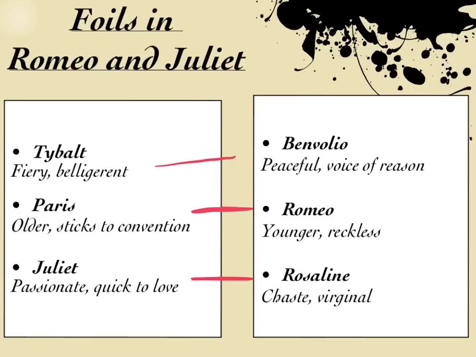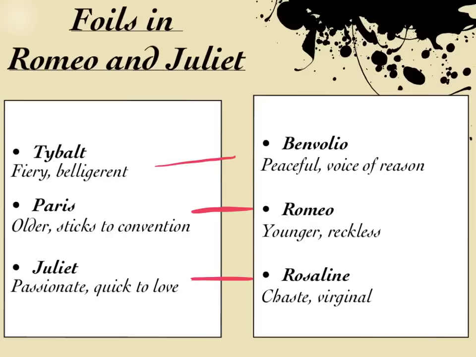He just wants to fight. Whereas Benvolio is peaceful. He's the voice of reason. He tells the men to put up their swords, lift them away from each other to halt any sort of violence between them. So it's very clear here that these two members from two different houses present different characteristics to make it very clear how this feud has affected the different family members.